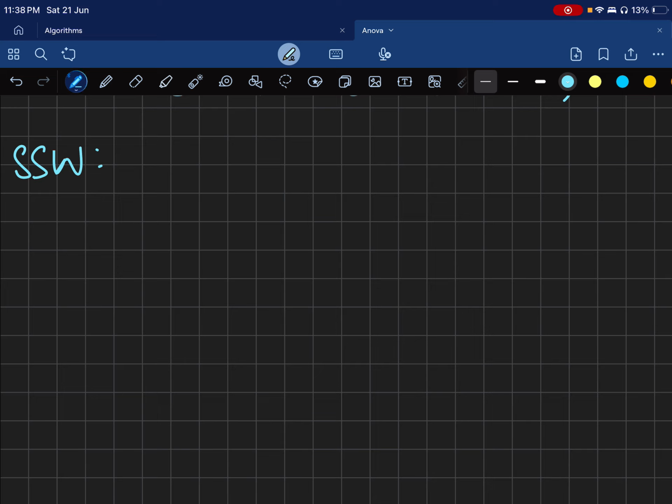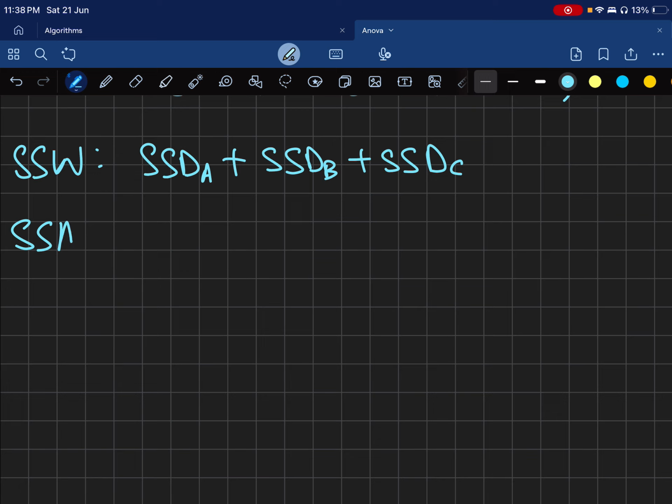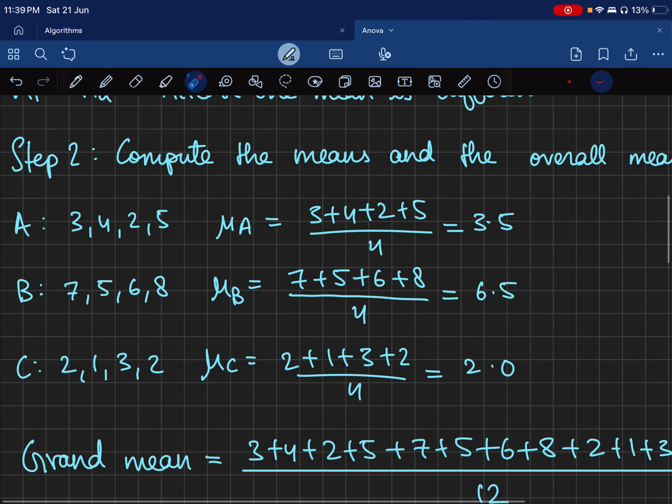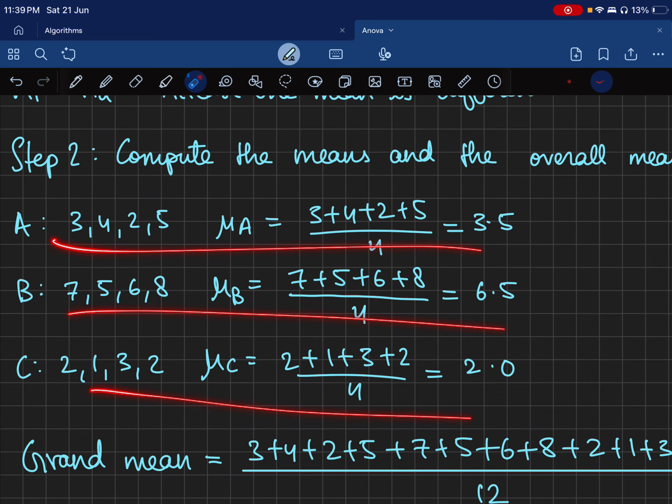So SSW is basically SS deviation A plus SS deviation B plus SS deviation C. SS deviation A basically means each value minus its mean, squared. So for each of the following rows, you have to perform that.